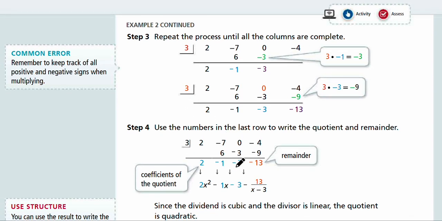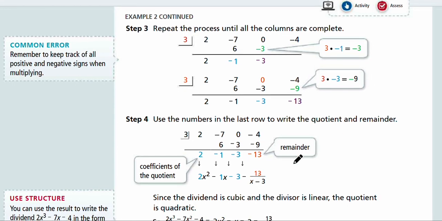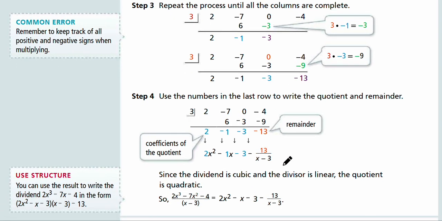And then your factor would include 2x squared minus 1x minus 3, and then the remainder -13 over your divisor x minus 3. Okay, so if you divide 2x cubed minus 7x squared minus 4 by x minus 3, you can use synthetic division and get this factor.